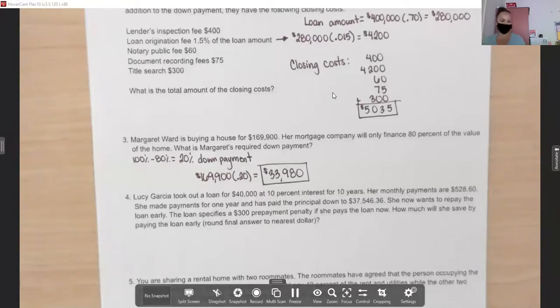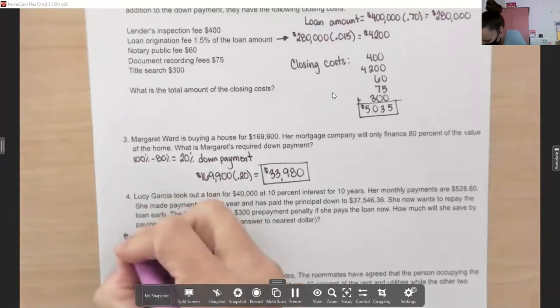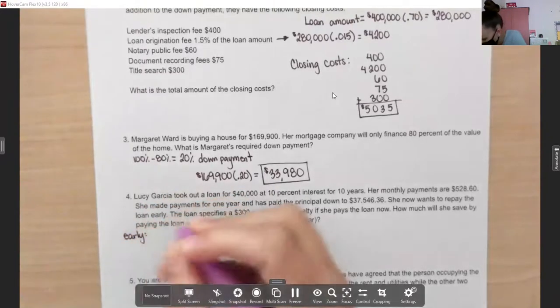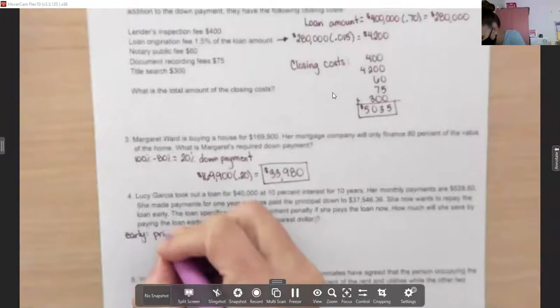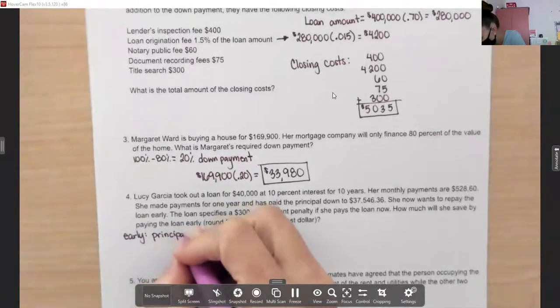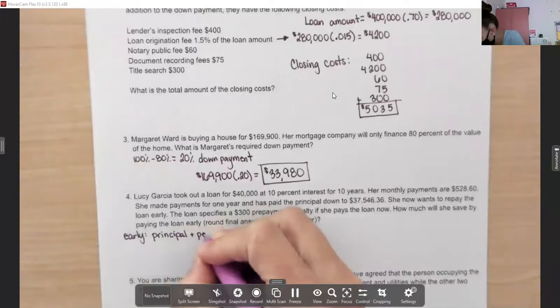Okay, so we have to compare the different scenarios and then get the savings. Kind of how we did on number 1, compared the scenario, or did the 2 scenarios on savings. We're saying she could pay it off early. So to pay it off early, what you do there is you do the principal plus the penalty.